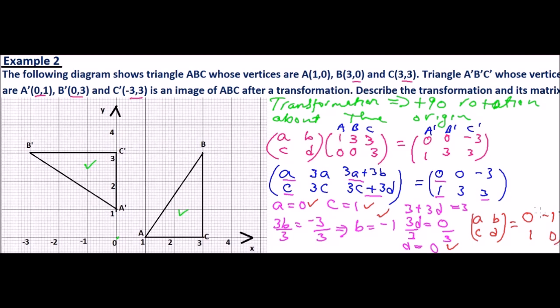So that is the matrix of transformation that was used to transform this object onto the image of this one. So that is how you work it out, and it is very easy. So we look at one more example.